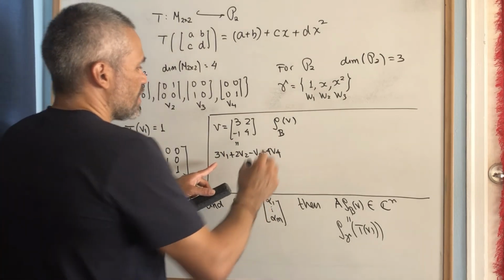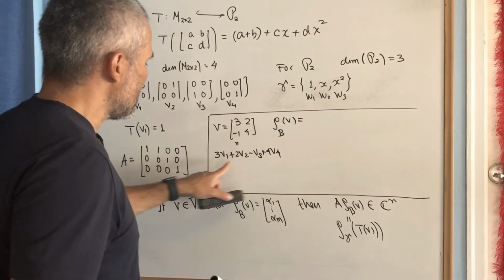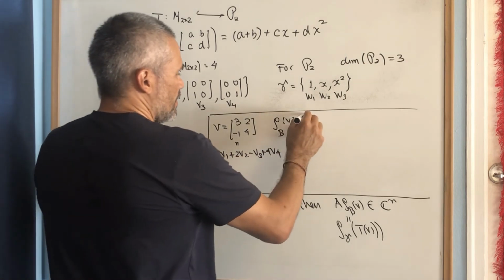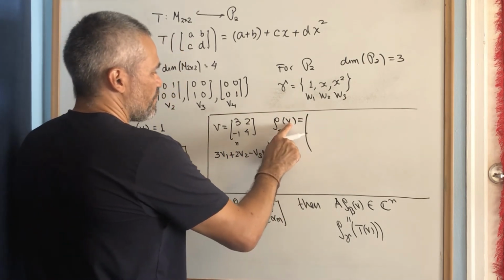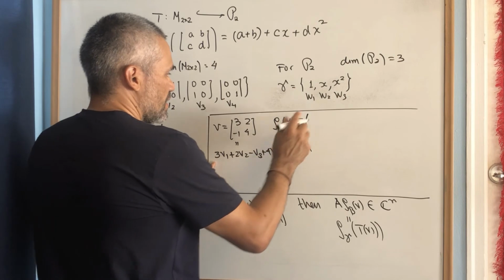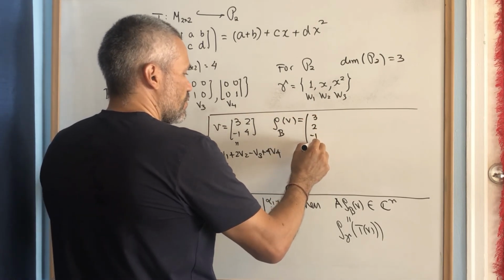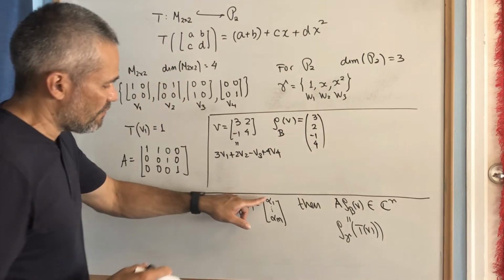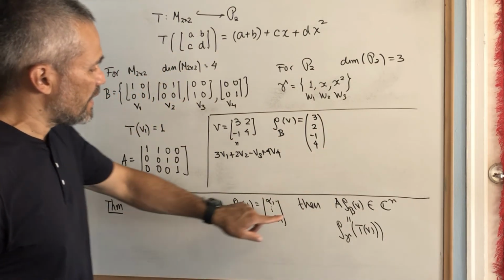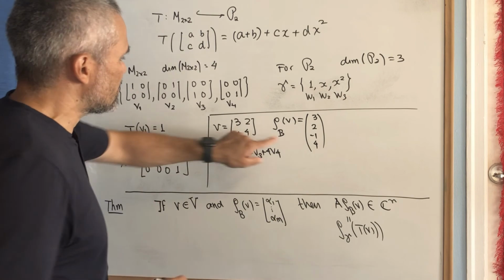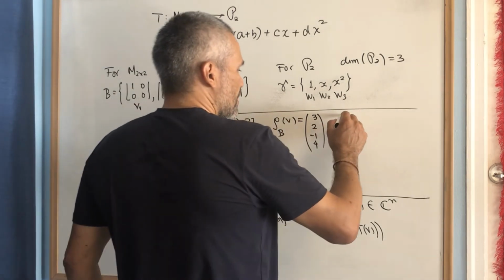And therefore, these weights are going to be the representation of V with respect to the basis B. Then this representation is 3, 2, negative 1, 4. This is the alpha 1 up to alpha 4. Then, if I multiply this matrix by this vector, what do I get?